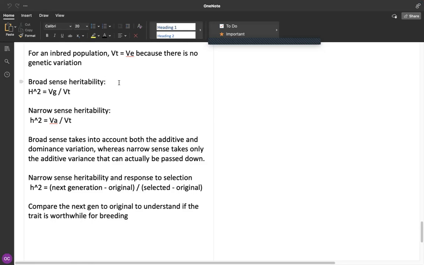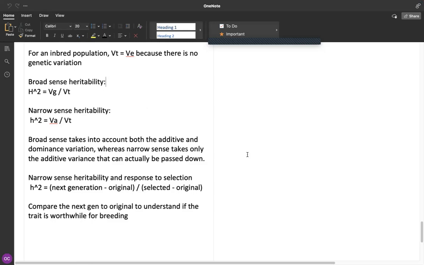It can skew it a little bit, which is generally why narrow sense heritability is more important in being more specific about the heritability. It's more precise, but these numbers should generally be very similar, close to each other, towards the same end of the 0 to 1 spectrum. Narrow sense heritability again is just the additive genetic variance over the total phenotypic variance.